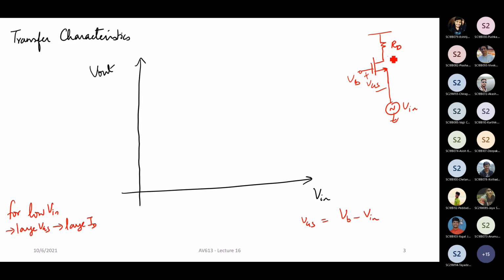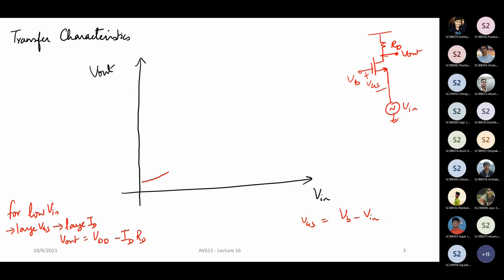So if you look at the output, Vout can be written as VDD minus the drain current multiplied by RD, ID times RD. Because ID is large, now your Vout will be quite low.